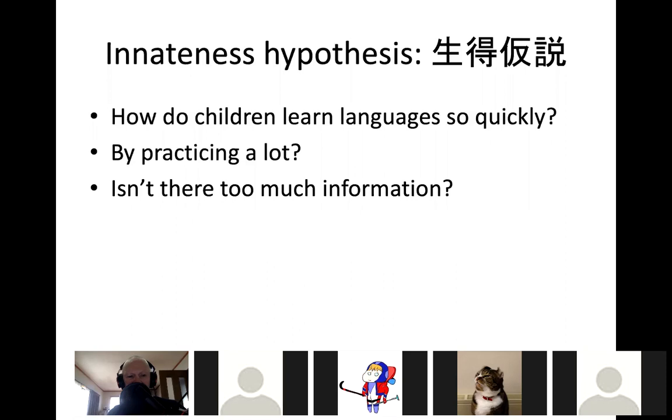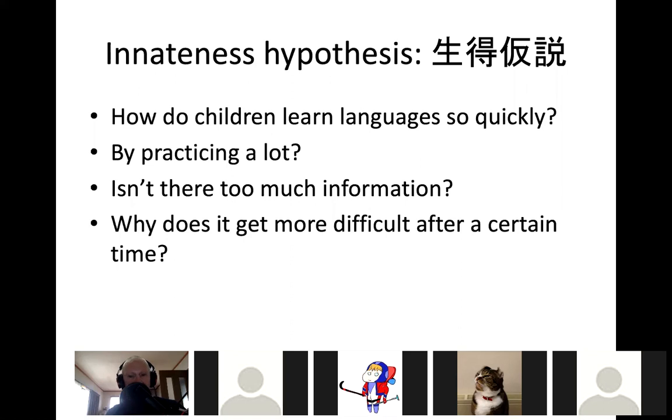Because people thought, well, when you learn a language, there's just too much information to pick up, right? It's incredibly complex. Think of all the information you get when you learn a language. You can't just do it by practicing a lot, surely. Well, that's the question. Isn't there too much information when you learn a language? It's so much to remember, right? How do they pick it up so quickly?